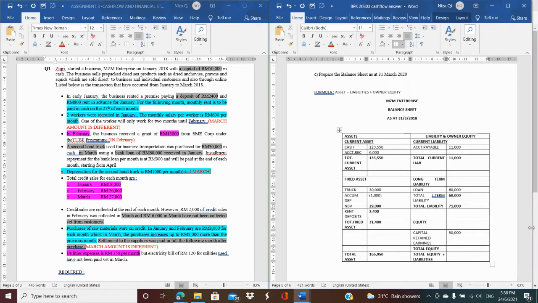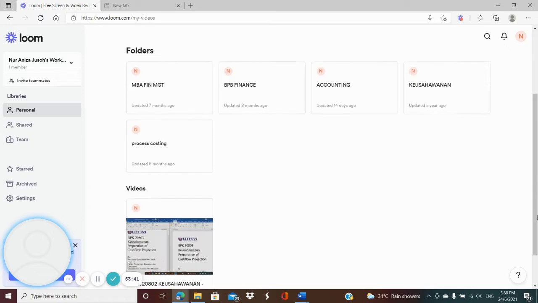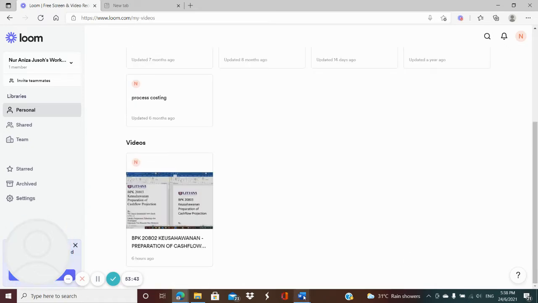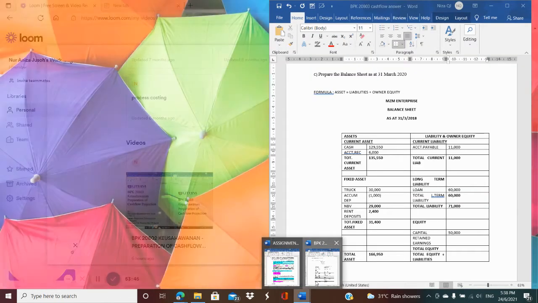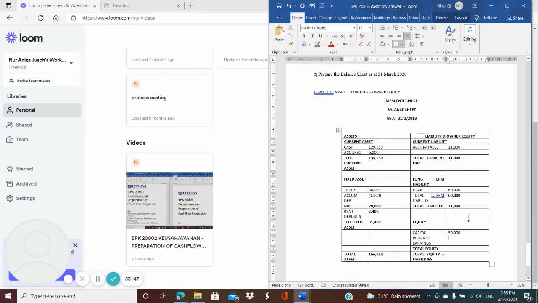So the net income for January, oh no, where is it? Then add the net income for January and minus any dividends paid or any drawings, and then you will get the new retained earning.